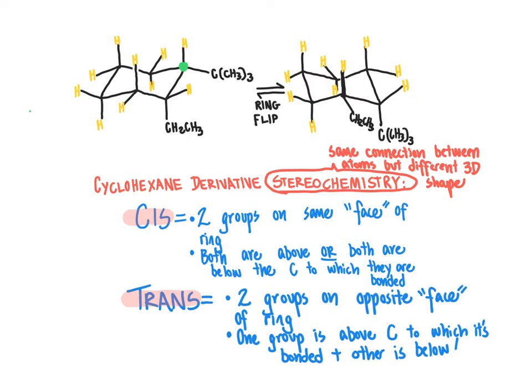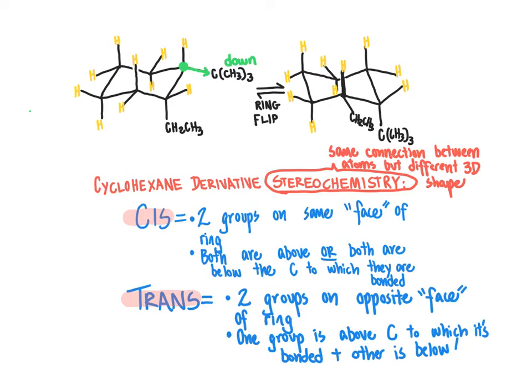So we look at that carbon atom, and that carbon atom is definitely located above the tert-butyl group. We have to go downward just a little bit to get to the tert-butyl group. So we would describe the tert-butyl group as being oriented downward relative to the carbon atom that it is bonded to. We could also describe that group as being equatorial, but I'm not going to label it as equatorial here because the assignment of axial and equatorial does not have anything to do with whether two groups are cis or trans to one another.